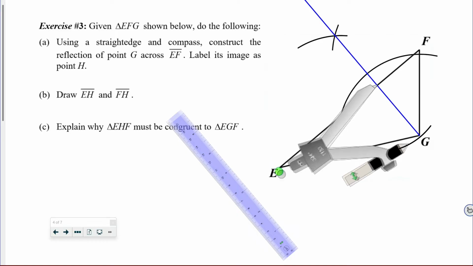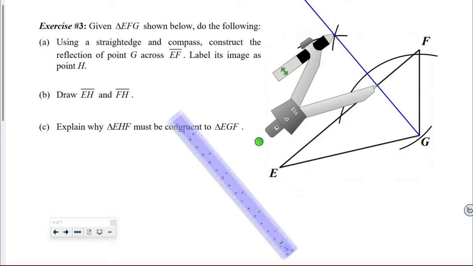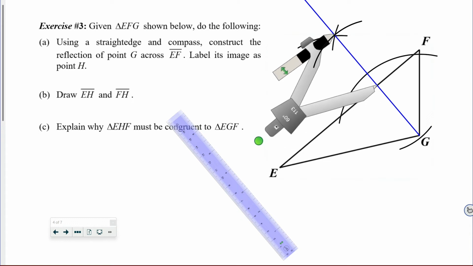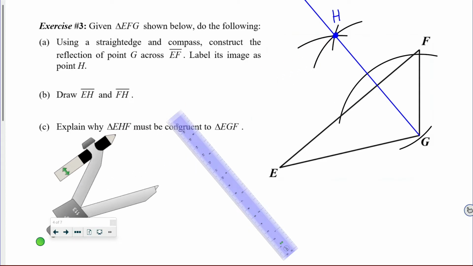Okay. Had to miss a little bit there due to the limitations of my technology, and there it is again. I keep making it so that it's right on the money, which is kind of killing me. But what are we supposed to do? We're supposed to label its image point H. Great.